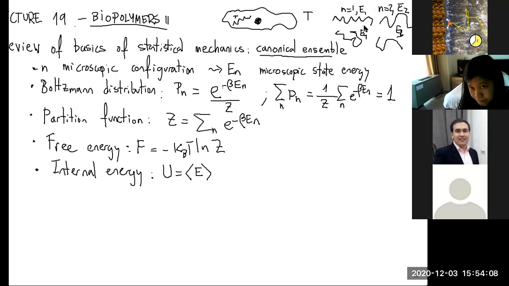The other day, the energy was the same for all of them, because I said there are no interactions between the monomers. But I could make a more complicated model in which, for example, each of these has a spring in the middle. Then there will be an energy associated to each angle. If we have time, we will do this model. It's more complicated, but then each of these different configurations has a different energy.